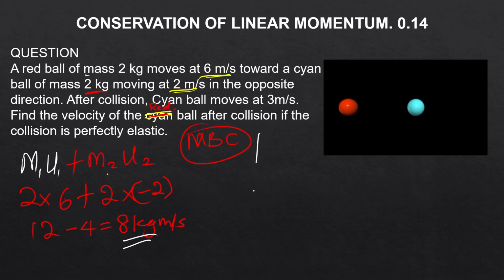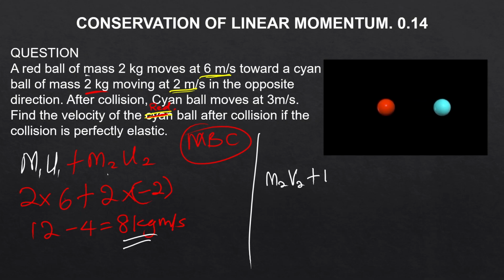Now, let's find the momentum after collision. After collision, with the same mass, it is m2 v2 plus m1 v1. That means the mass of the cyan and the velocity of the cyan after collision, plus the mass of the red ball and the velocity of the red ball after collision. So this is momentum after collision. Let's plug them in.